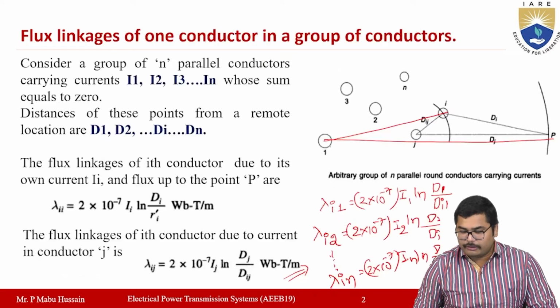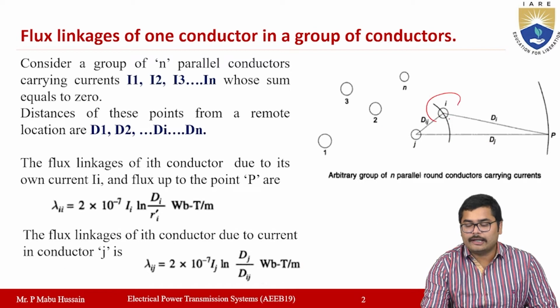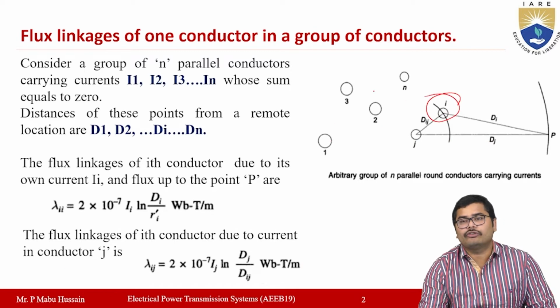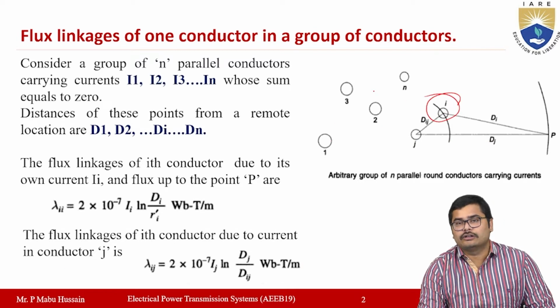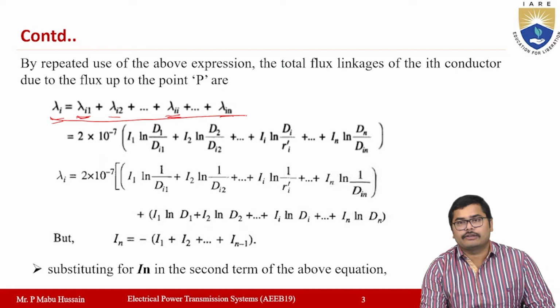While developing the flux linkage for one conductor, you have to consider the current flowing in all the conductors. Then you develop the total flux linkages. So this is the total flux linkages equation.